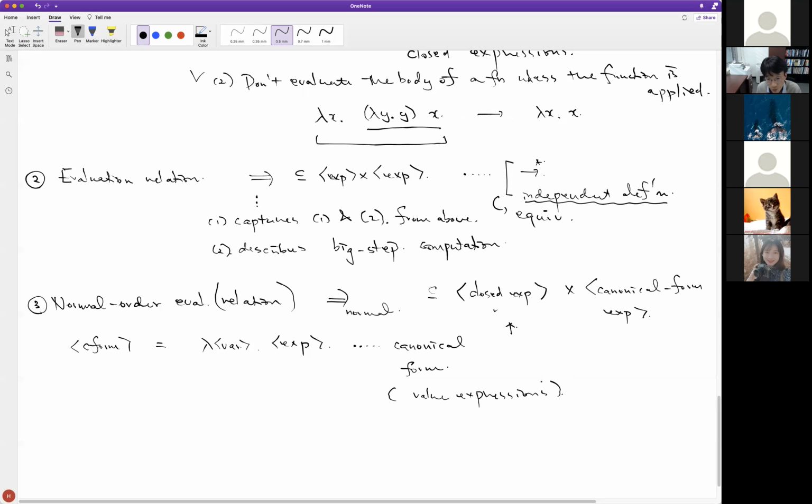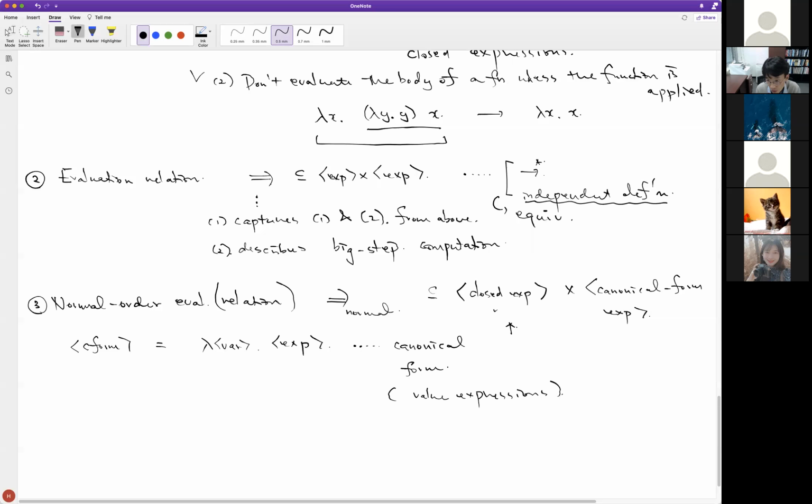Beta normal forms are the ones that are contracted as much as possible everywhere. And these value expressions or canonical form expressions are the ones which are contracted as much as possible without really contracting anything inside the body of the function, unless absolutely needed.